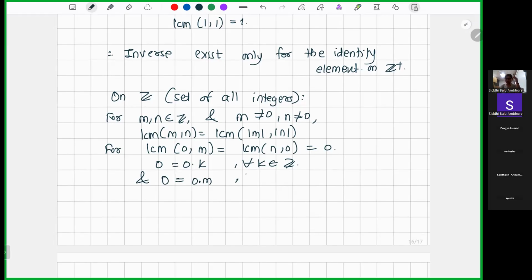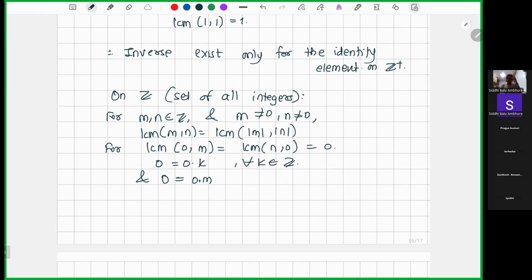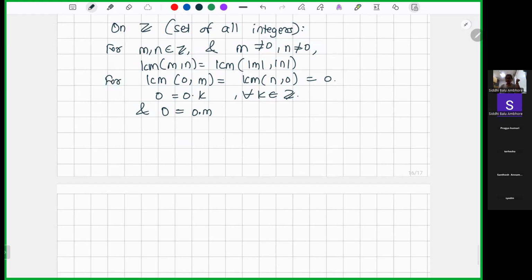Okay, so 0 is also a multiple of m when I multiply m by 0. So that's why LCM of 0 and m, I define it to be 0 again. So this is like a common multiple of both 0 and m. So now I want to talk about the inverse, whether it makes sense here or not.